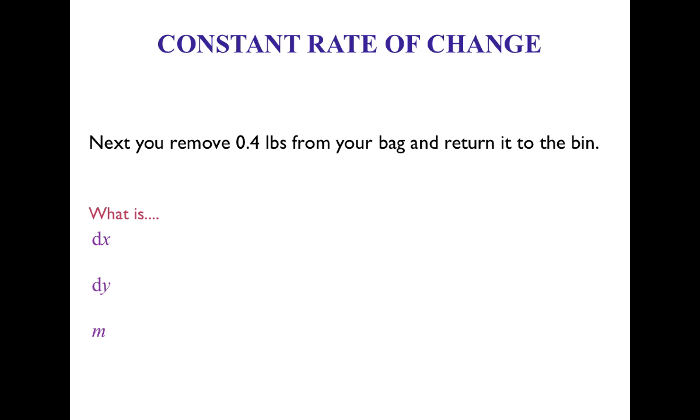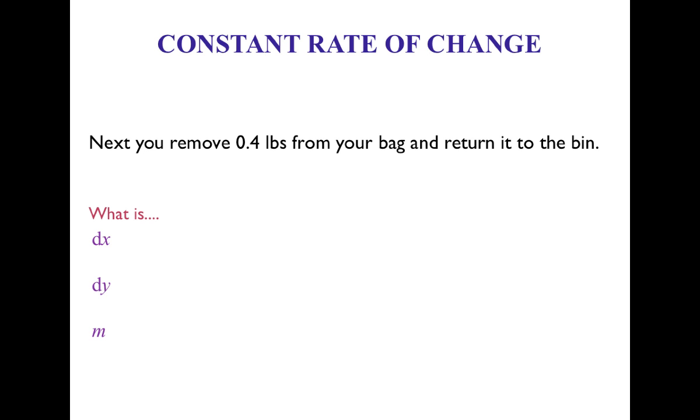Okay, let's see. Alex, what did you guys talk about? What is dx? So you're saying the value is negative 0.4 pounds. Okay, so it's a decrease in the value of x, so it's going to be a negative change. And then what would dy be?